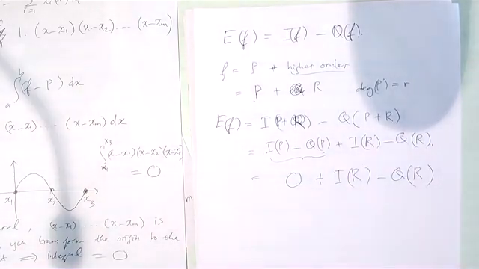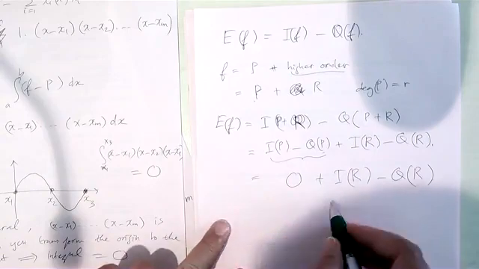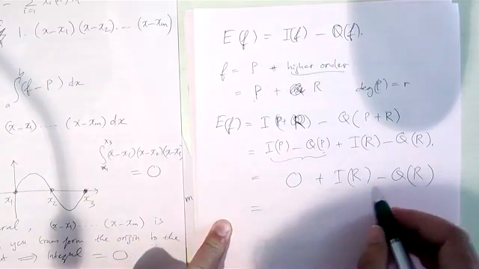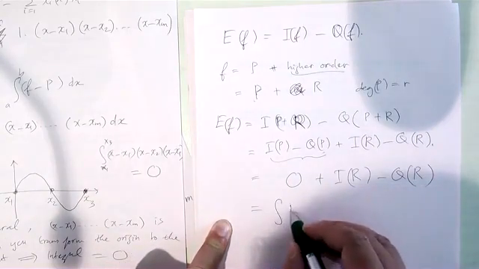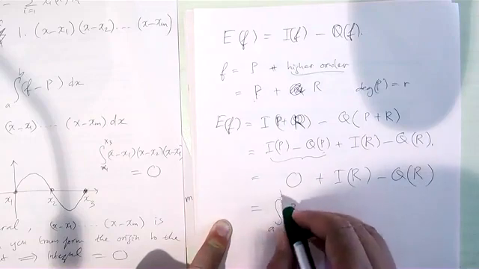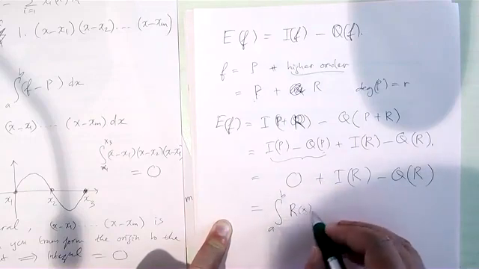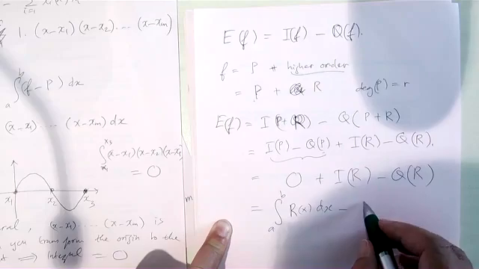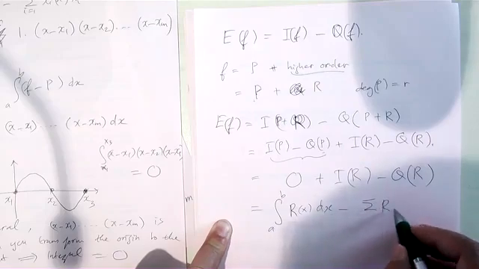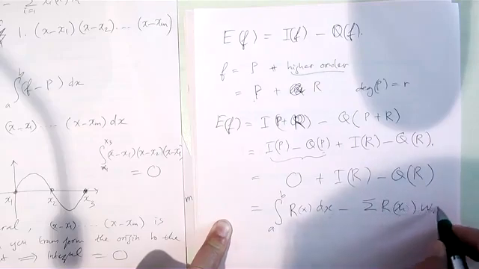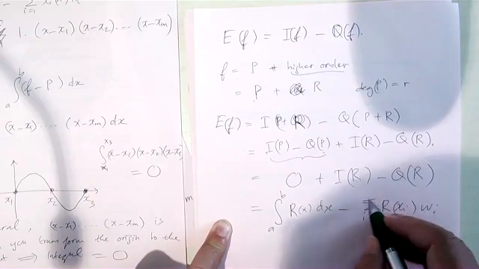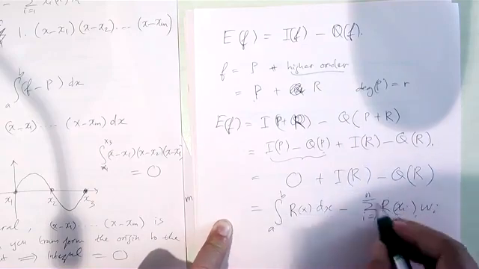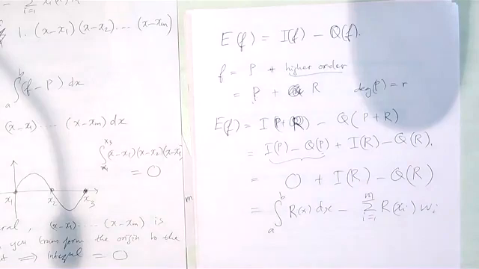Okay? And now if you write it down explicitly, this is just the integral of r from a to b, dx, minus the sum of the weights times r of x_i, i from 1 to m.